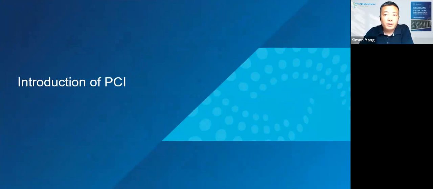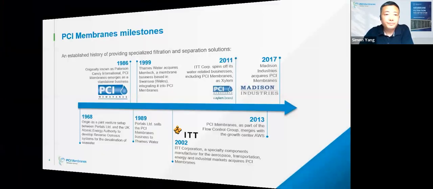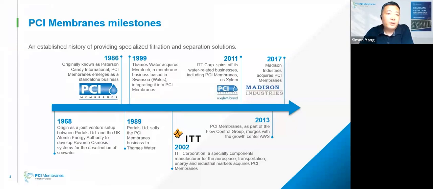Now we're going to talk a little about PCI. As you can see from the graphic, PCI membrane has a very long history dating back to the late 60s. In more than 50 years, PCI membrane specialized in leading polymeric tubular membrane and other polymeric membrane geometries for various applications, such as food and beverage, water and wastewater treatment, pharmaceutical and chemical, textile and dye stuff, and pulp and paper.